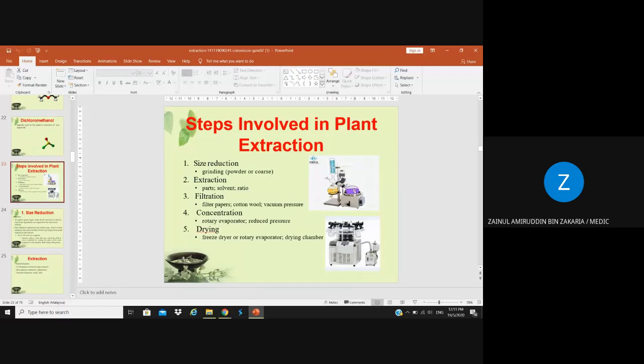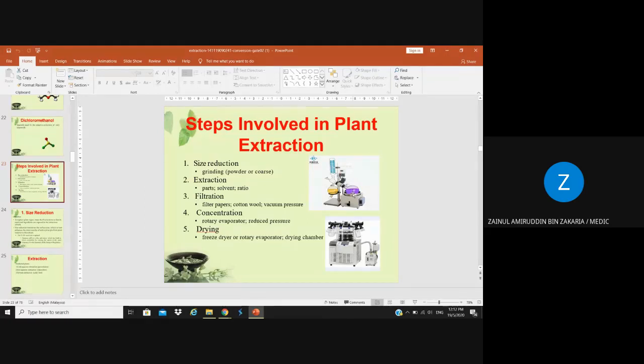So after all the crude solvent has been vaporized and collected in the yellow part, what will be left is a sticky crude extract, your extract. This is what you want. Okay, this crude extract, if it is methanol or ethanol, you can do partition like I told you just now using pet ether.